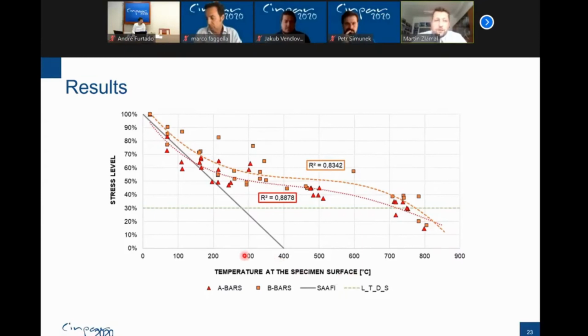But if we suppose that this line, the green dashed line, as I call it, is a long-term design stress of the reinforcement, which is maximally 30% according to most of the standards, or below, then maybe we may use temperatures up to 700 degrees for the design of the reinforcing bars.